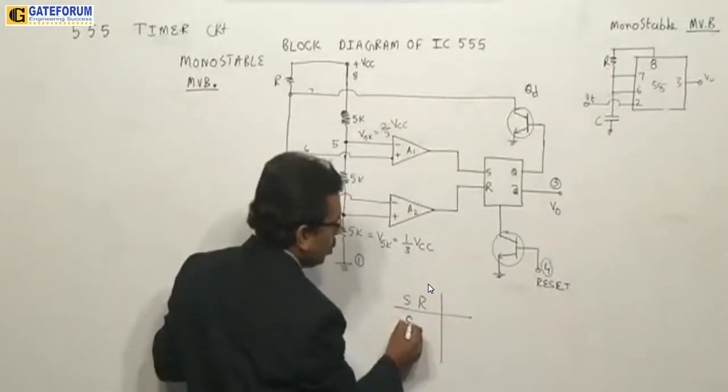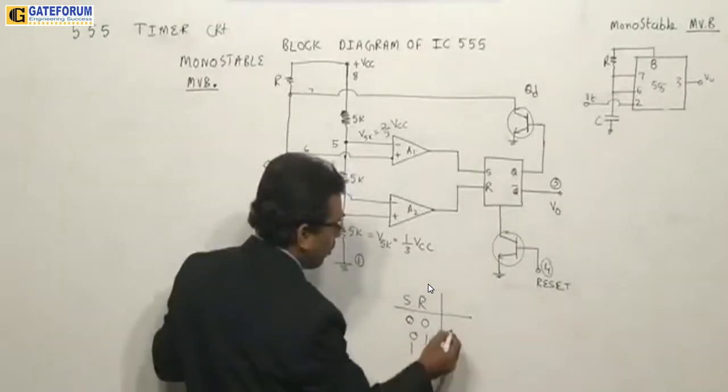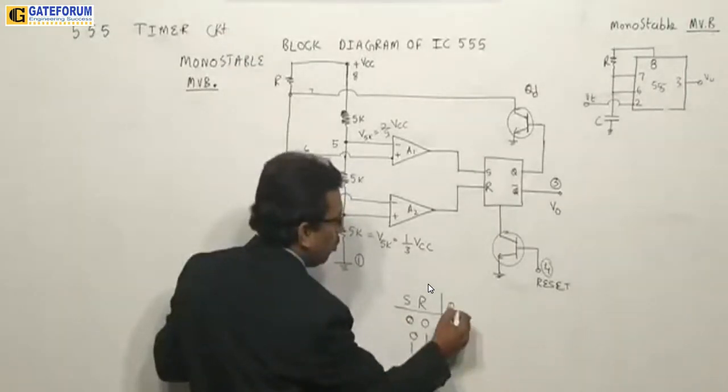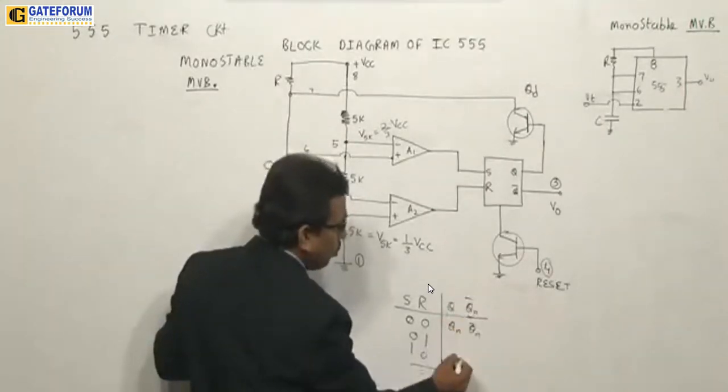So the truth table of the flip flop is given like this. Now 0 0, 0 1, 1 0, 1 1 is eliminated. If the outputs will be like this, Q and Q bar, that is you will get here Qn and Qn bar, and here you will get 0 1.